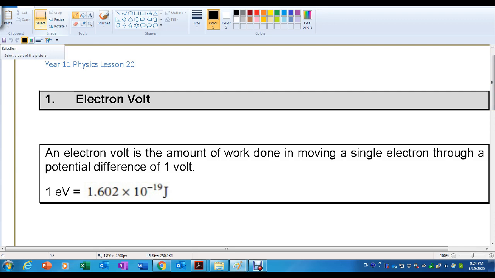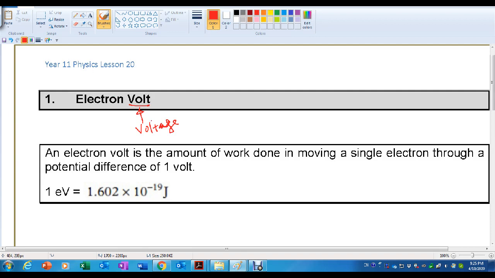So first of all, what kind of unit is the electron volt? You see, electron is something to do with electricity, right? And volts, possibly you have learned that. Volts means voltage, so it's about like our battery cells.